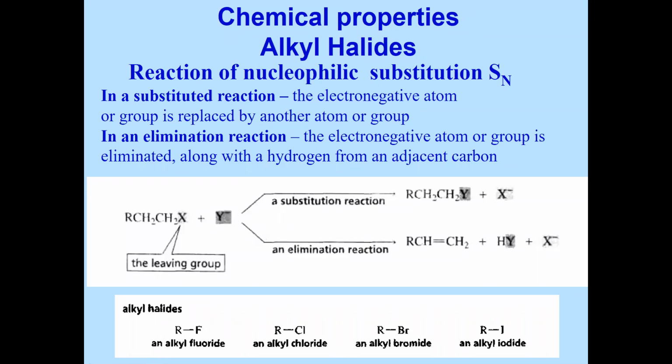Reaction of nucleophilic substitution. In a substitution reaction, the electronegative atom or group is replaced by another atom or group. In an elimination reaction, the electronegative atom or group is eliminated along with a hydrogen from an adjacent carbon.